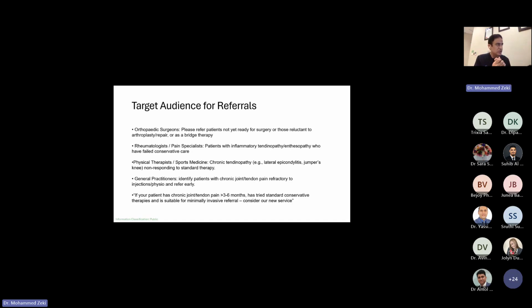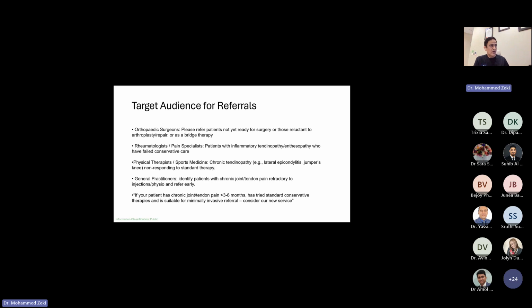For our rheumatologists, Dr. Ahmed and other colleagues from other hospitals, patients with pain from inflammatory tendinopathy or enthesiopathy who have failed conservative management are also candidates for this. Our physiotherapy department here is a big one with sports medicine.